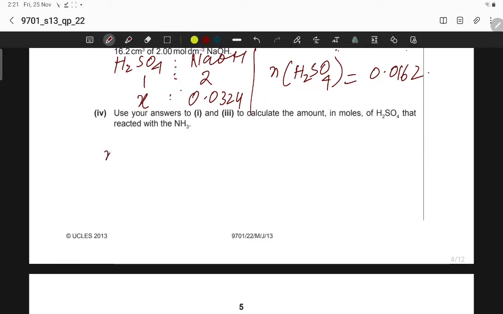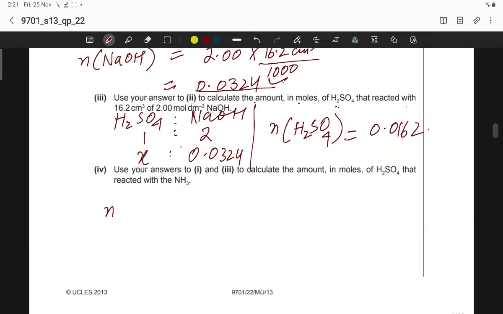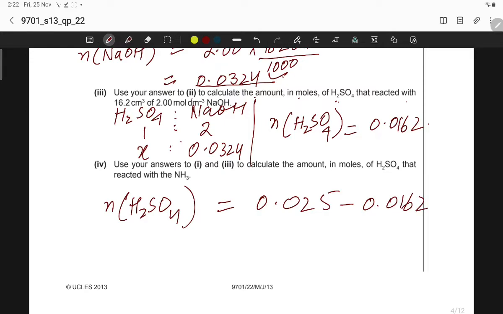These are the moles actually used with ammonia, and the other moles react with sodium hydroxide. So by subtracting these 2 moles of sulfuric acid, the actual mole 0.025 minus the moles reacted with sodium hydroxide, 0.0162, gives the moles reacted with ammonia. This titration is known as back titration.